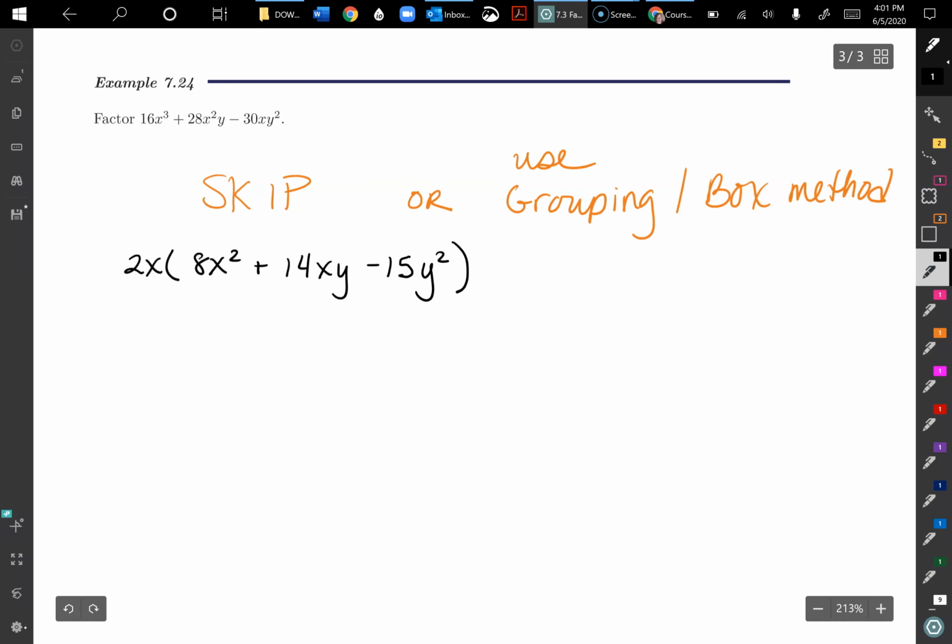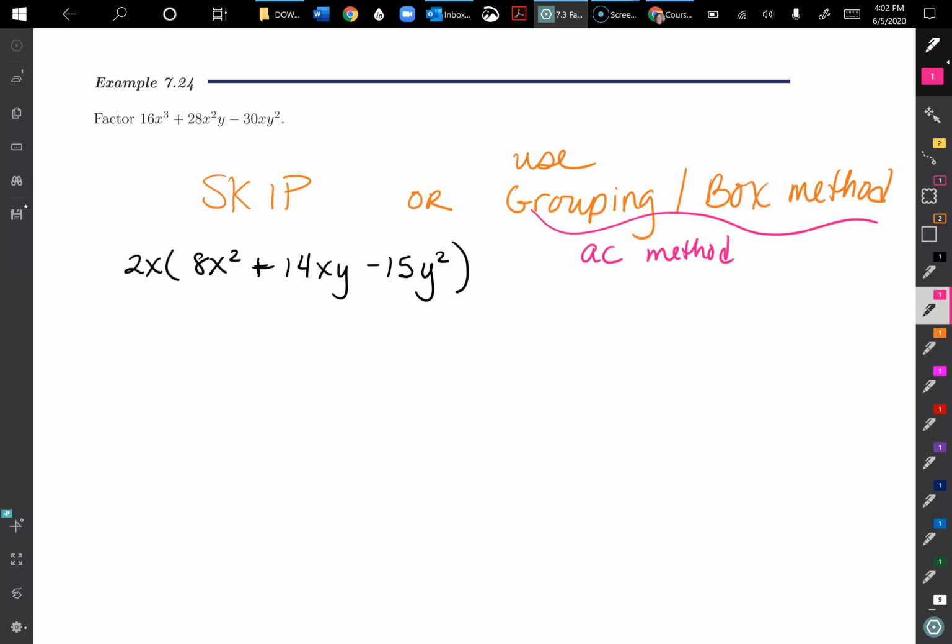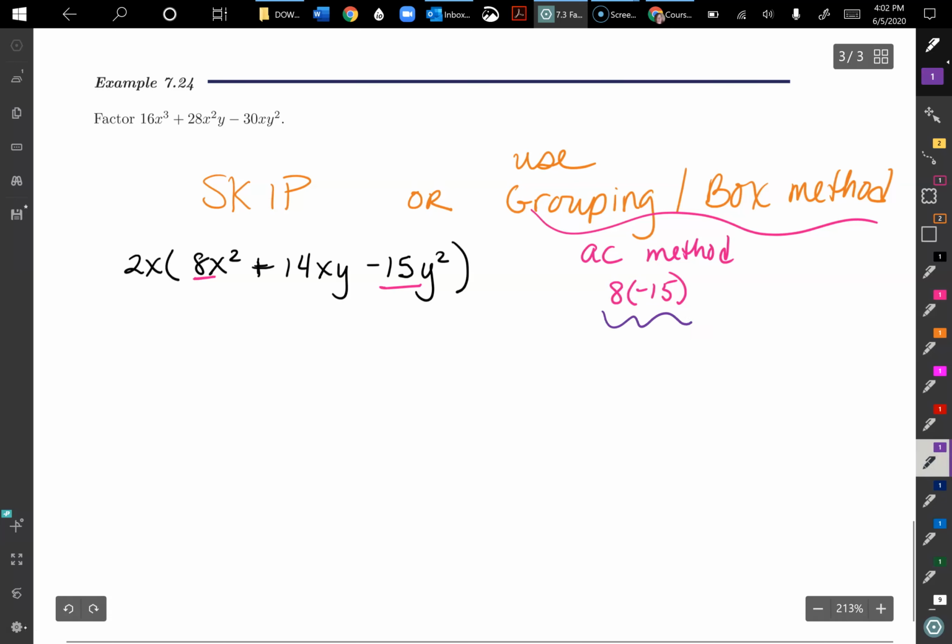Now note that I have a negative here, so I'm definitely going to have opposite signs. So I'm going to do the AC method, which is this, grouping or box method. So A is 8 and C is negative 15. So I have to multiply those together. When I do that, I get negative 120.